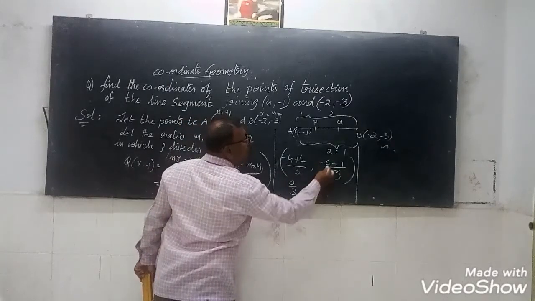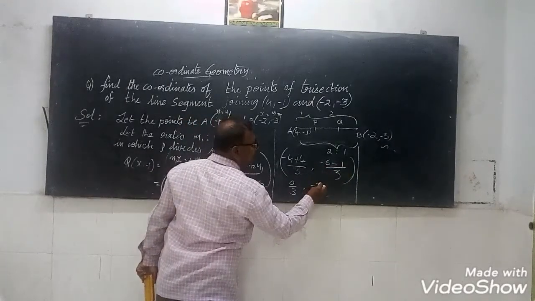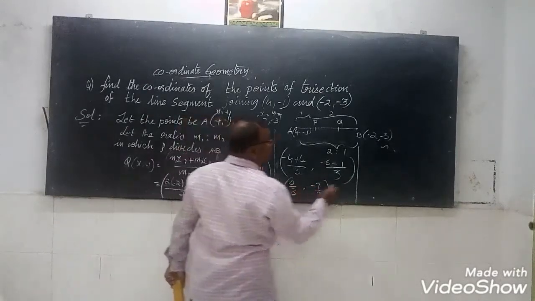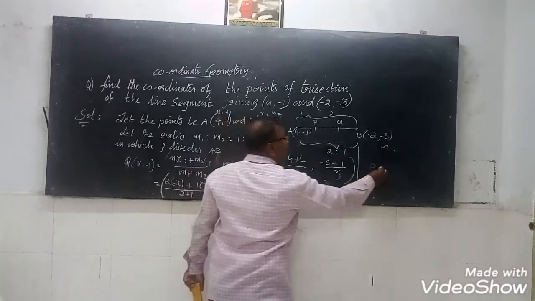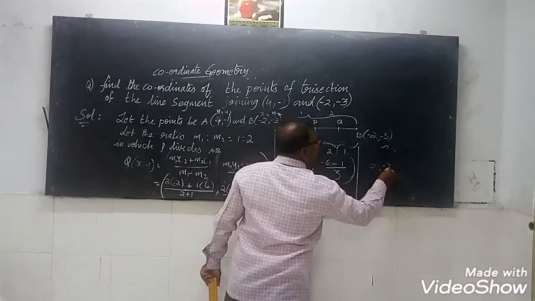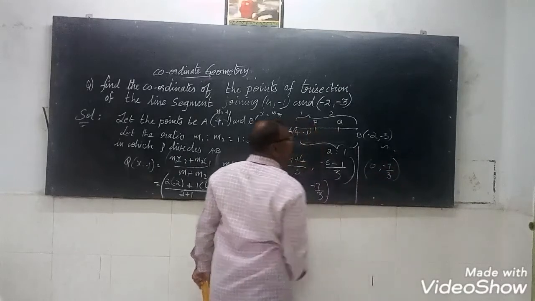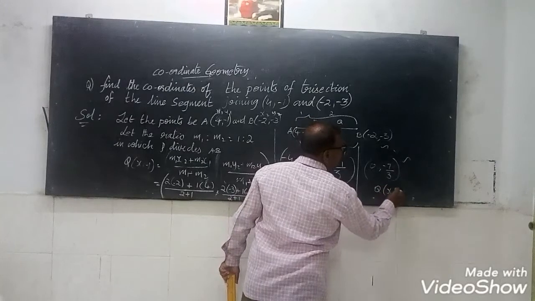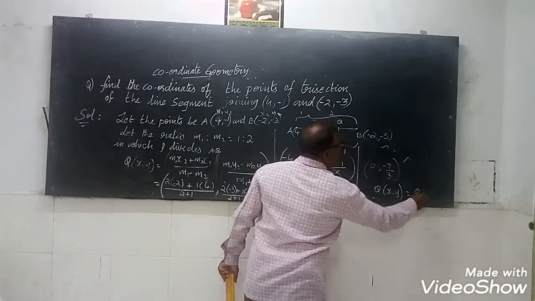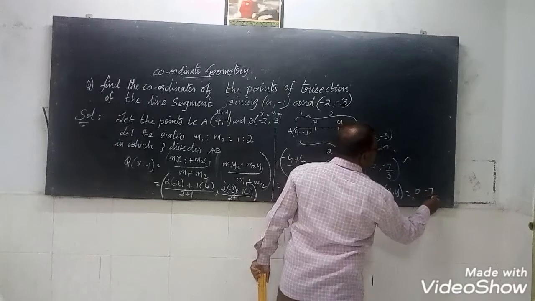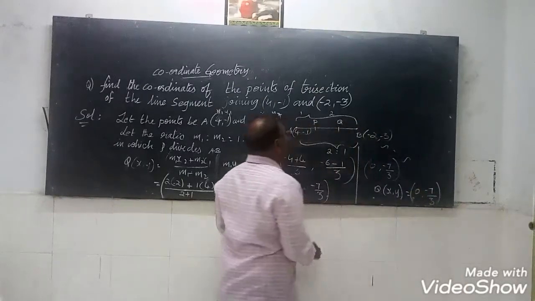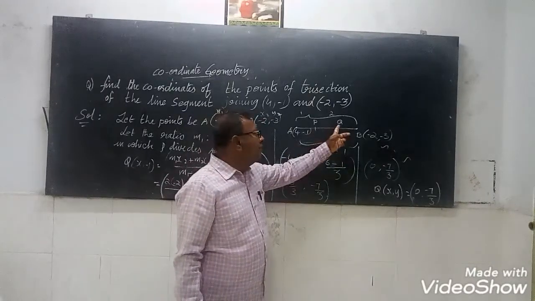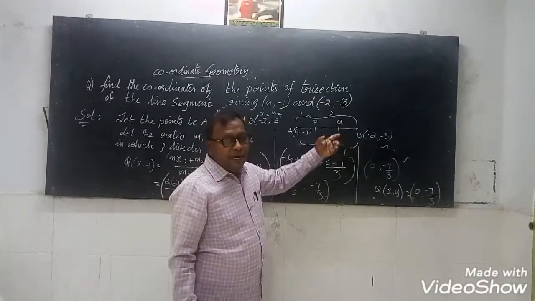Then here it is minus 6 minus 1, minus 7 by 3. So 0 by anything, you know very well, is 0, comma, minus 7 by 3. So this is the point Q(x, y), which divides the join of AB in the ratio 2:1, or we may simply call Q a point of trisection.